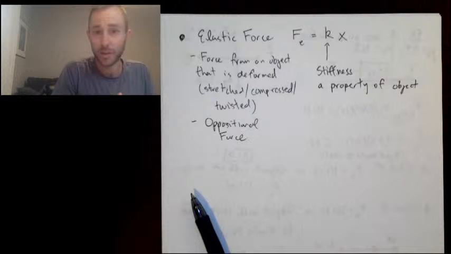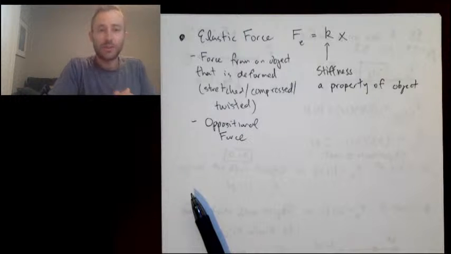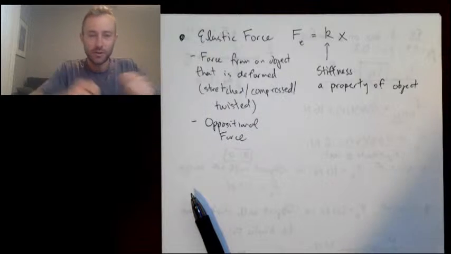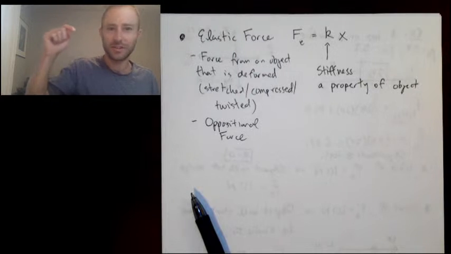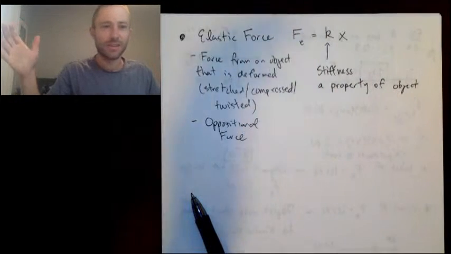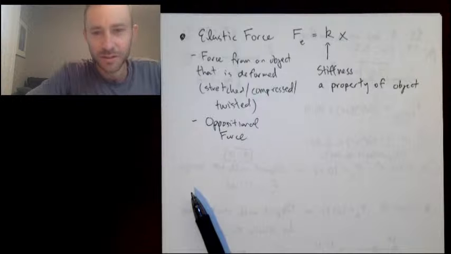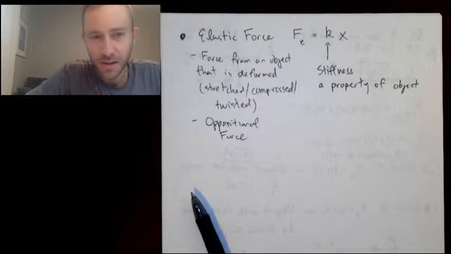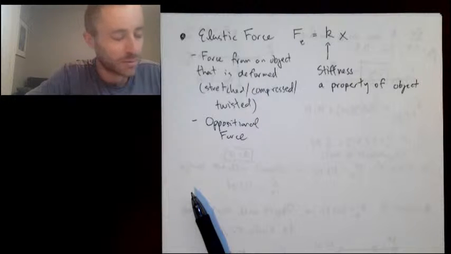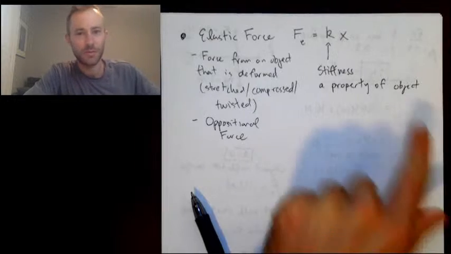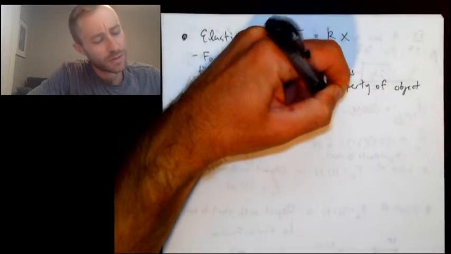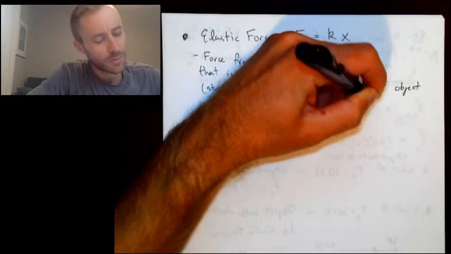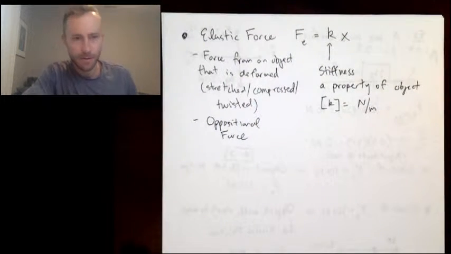The stiffness can depend on time. The stiffness of the elastic band in your underwear becomes less and less as time goes on because it's gone through the washing machine, it's been stretched, and because you've worn it several times. So it's a property of the object, the stiffness. Units of stiffness are called newtons per meter.